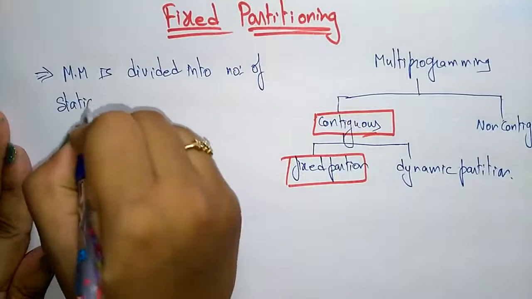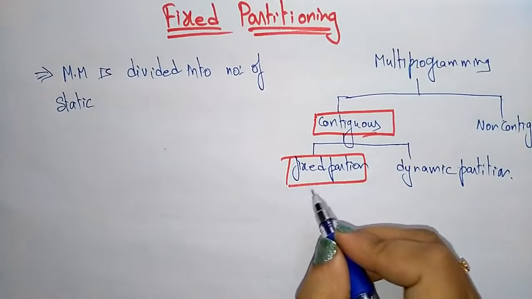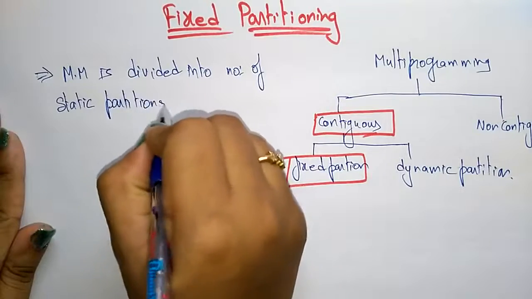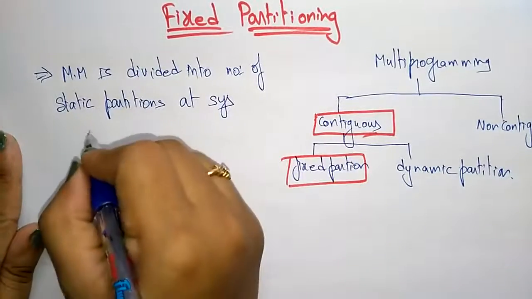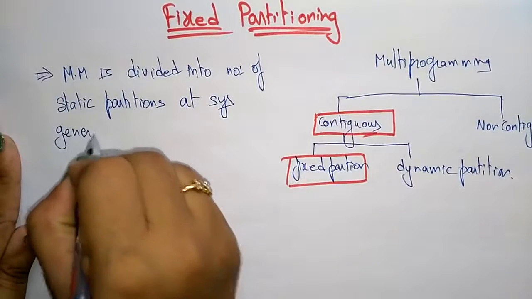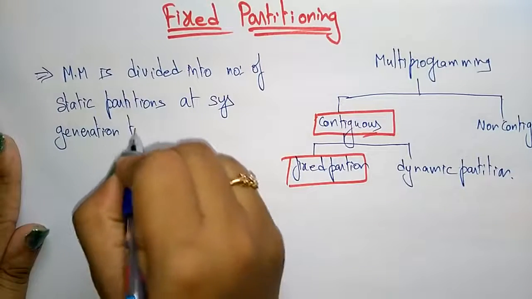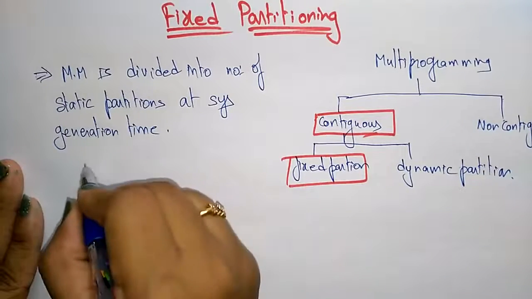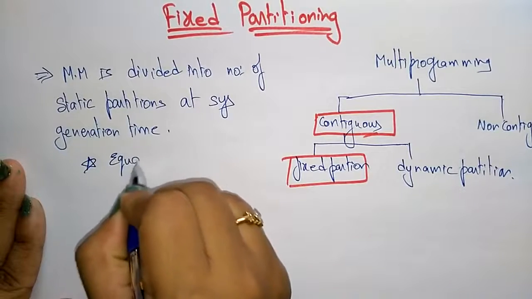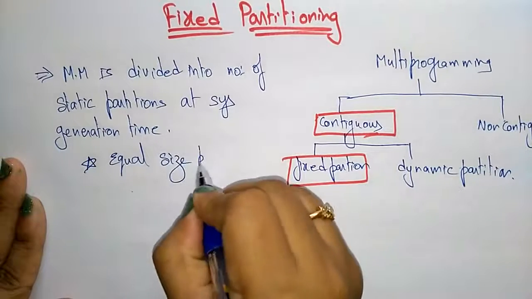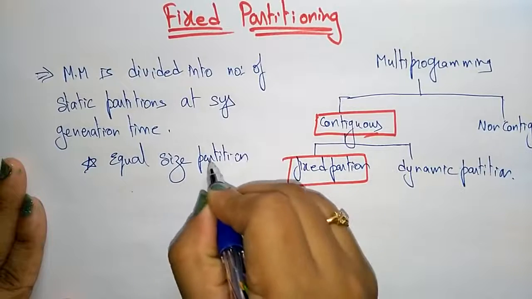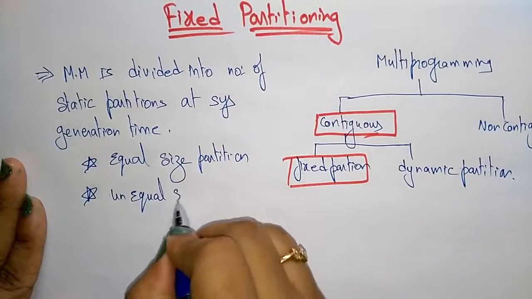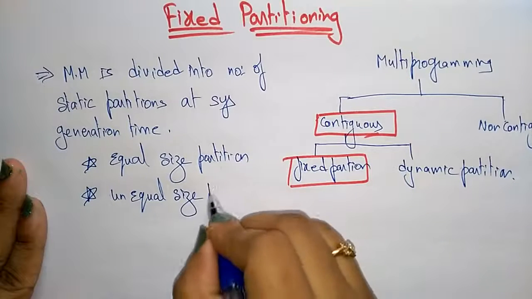The fixed partition is also called a static partition, made at system generation time. This static or fixed partition can be allocated in equal size partitions or unequal size partitions.